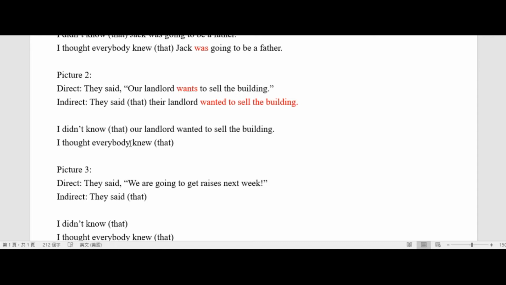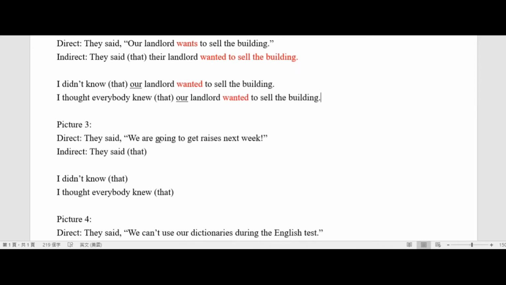All right, still indirect speech, but just be mindful of the pronoun. And then A will say again, I thought everybody knew that our landlord wanted to sell the building. It's the same thing, repeating itself again, because they're quoting what has been said by the person in the first place. All right, so let's move on to picture number 3.